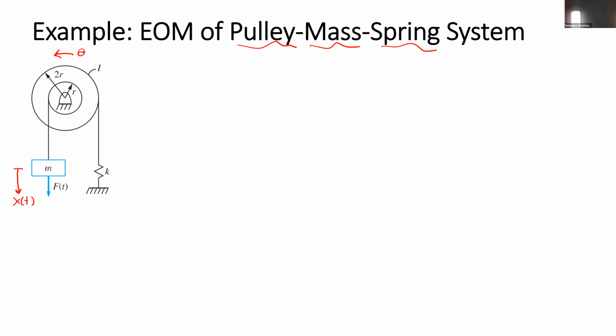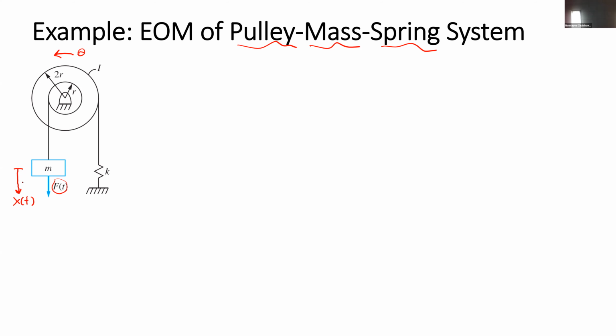What happens to the system if the mass moves in the positive x direction? The mass is pulled down by the force, and we assume positive x is the downward direction.